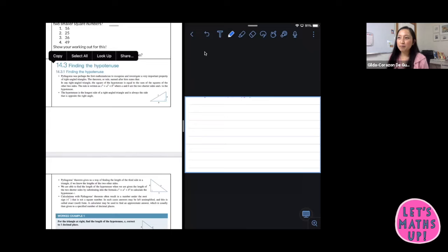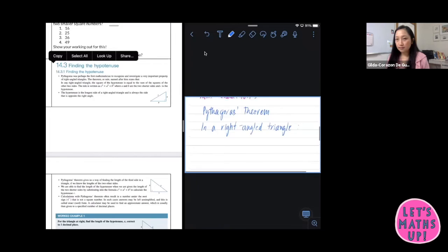He was measuring a square, and he could measure all the sides except for the diagonal, right? And what he discovered is that in any right angle triangle, the longest side, which is the hypotenuse, the square of that is always equal to the sum of the squares of the other 2 sides, or the shorter sides. Okay, so that's what he discovered. C squared equals A squared plus B squared.